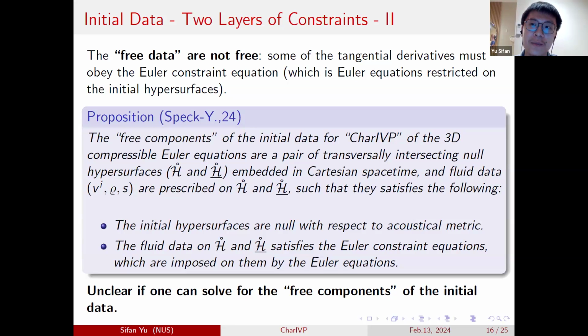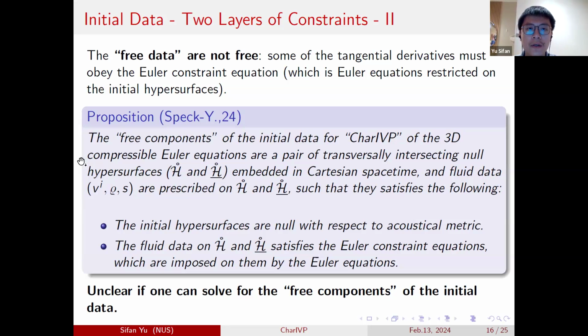Because they are deeply coupled, you have to construct them in one go. To deal with this problem, we assume that the initial hypersurface is a part of the data. We realize that by using functions which we call the initial embedding functions, which I will show you in the next slide.